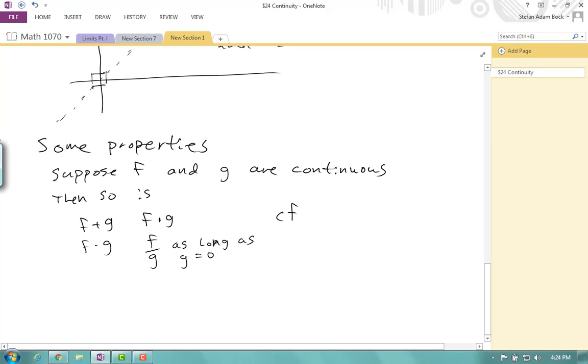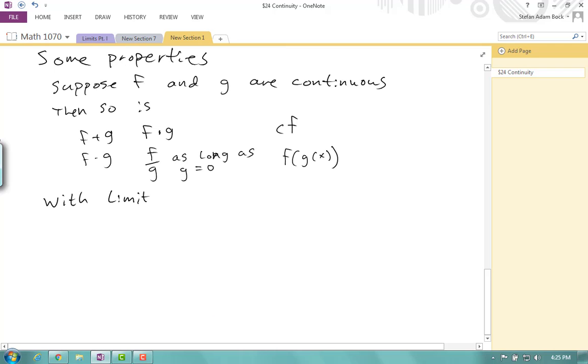Constant multiples of the function, and something else, function compositions. That's a big deal. F of g of x will also be a continuous function. I suppose by symmetry so would g of f of x, but I won't need to write that. We also have the additional properties that I mentioned before when they interact with limits, and that's basically just the direct substitution property.